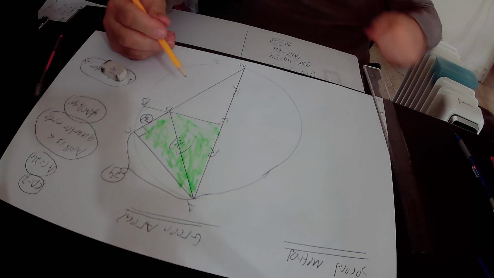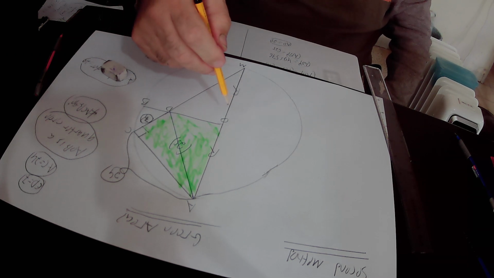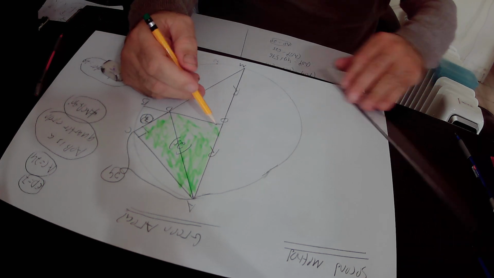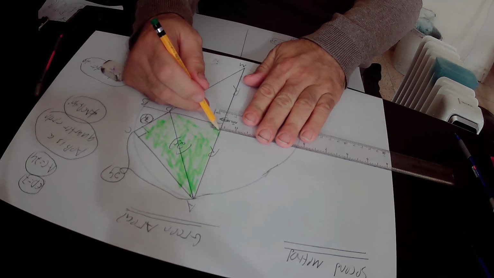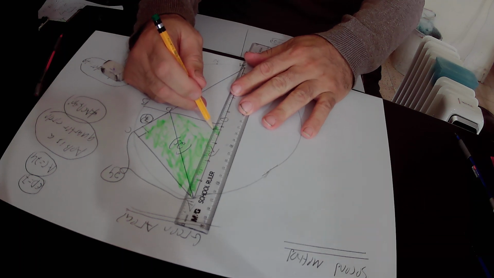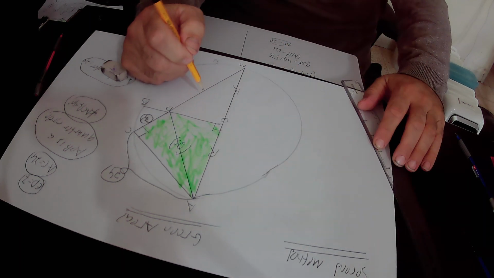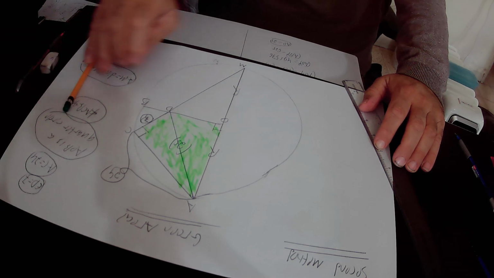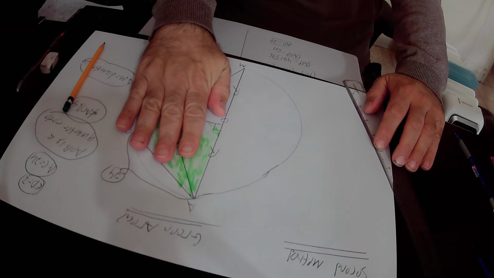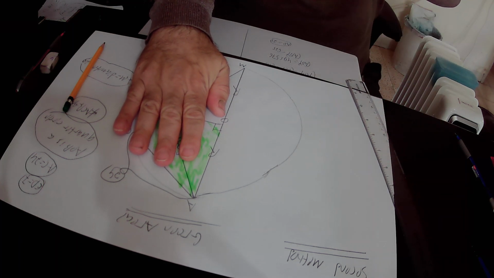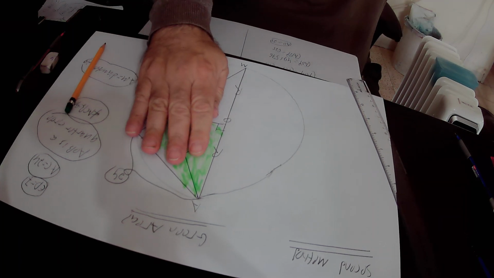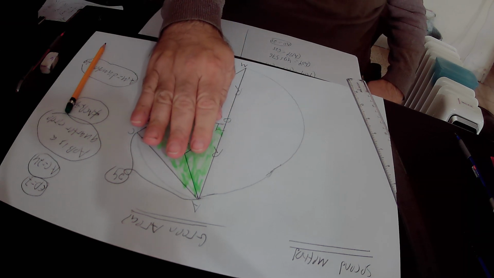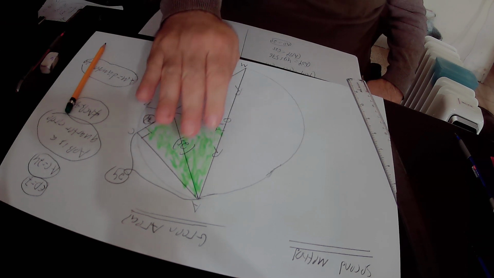Because AOB is a quarter circle, this angle will always be equal to 90 degrees. In any quarter circle, this angle must be equal to 90 degrees. Okay? So we'll focus on this side of the diameter AM at point O. Which angles do we have on this side of the diameter AM at point O?